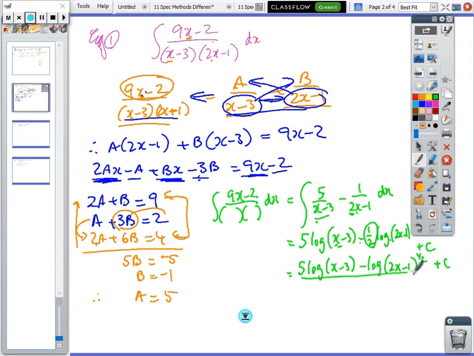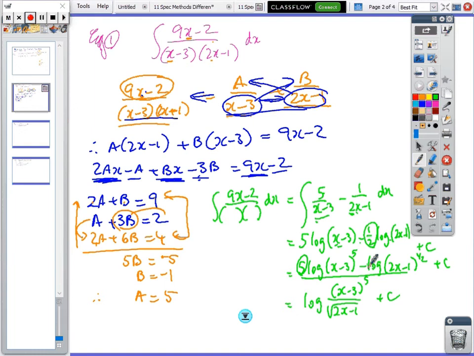And now we can combine, oh actually that 5 has to go away, so that 5 goes to there. Sorry about that, we can't use log laws until we've got the coefficients away. And so the final answer is x minus 3 to the power of 5 over the square root of 2x minus 1 plus c. So don't forget, log laws can't apply until you get rid of coefficients.